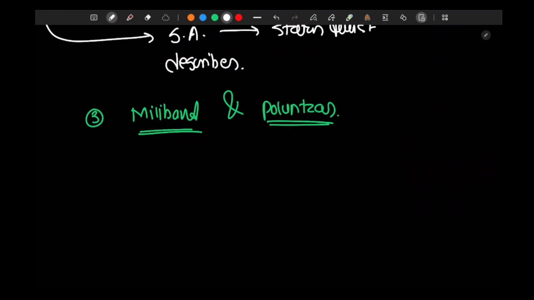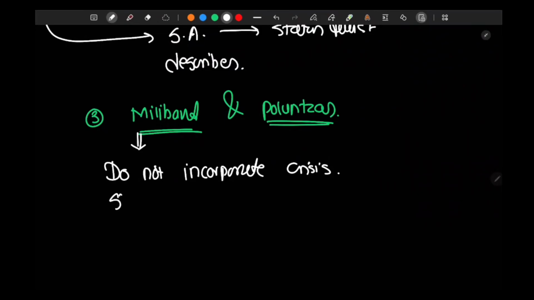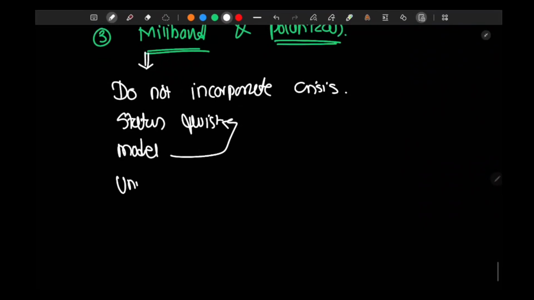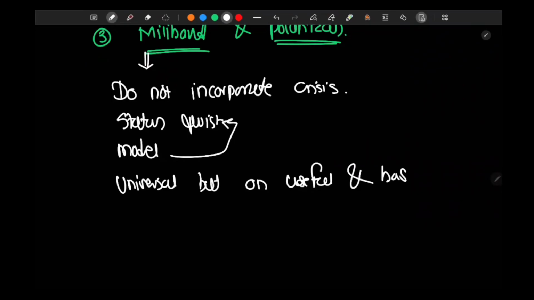What Miliband and Poulantzas together say is that the systems approach does not incorporate crisis. It is again status quoist. This model is not universal, but only useful in and based on Western societies.